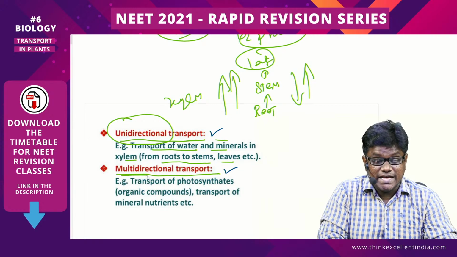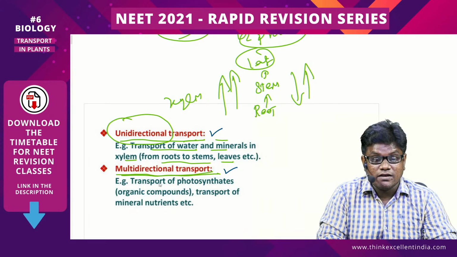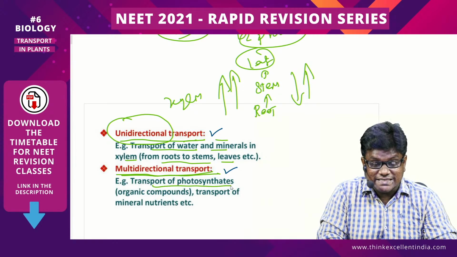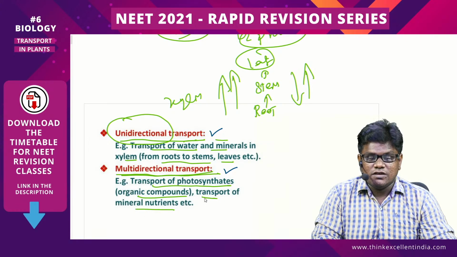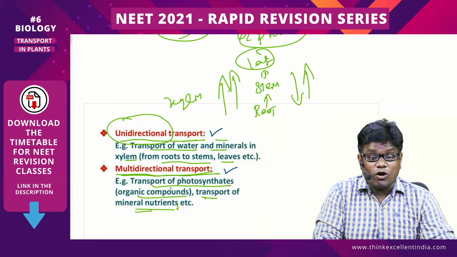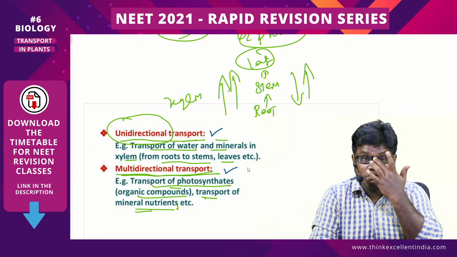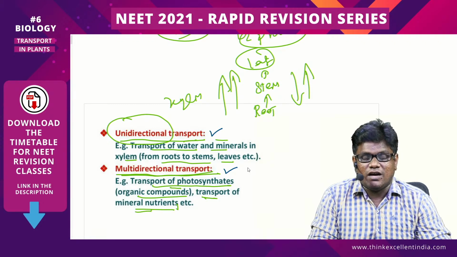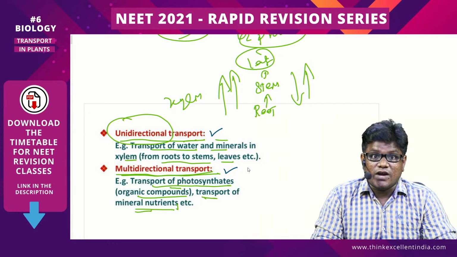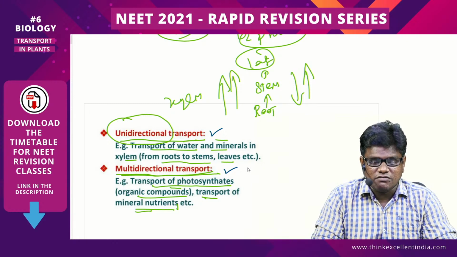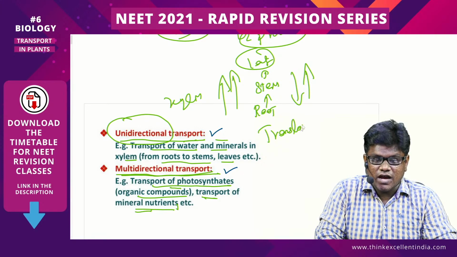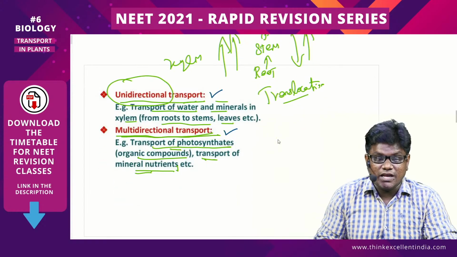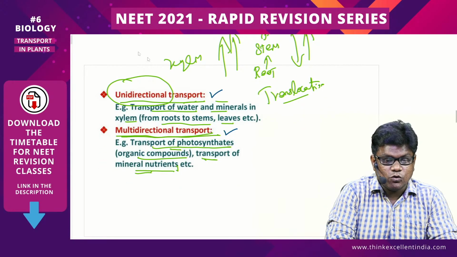And here the multidirectional transport system is required for transport of photosynthates, organic compounds, and transport of mineral nutrients. Minerals, nutrients and organic compounds which are synthesized by the photosynthetic process. The very, very important thing in transport in plants is that process called translocation. Okay? Translocation, and what exactly is translocation?